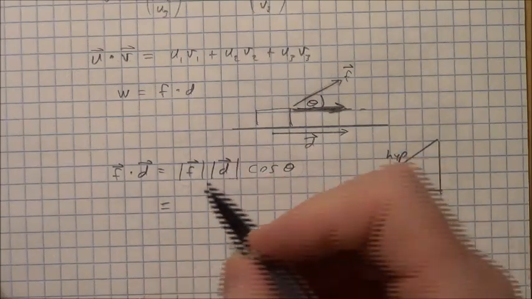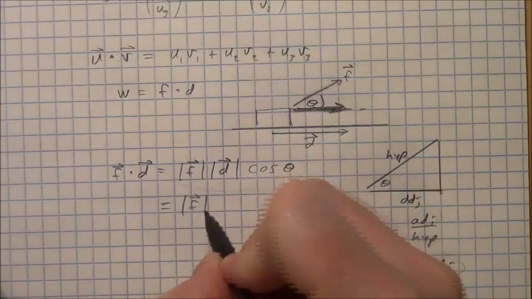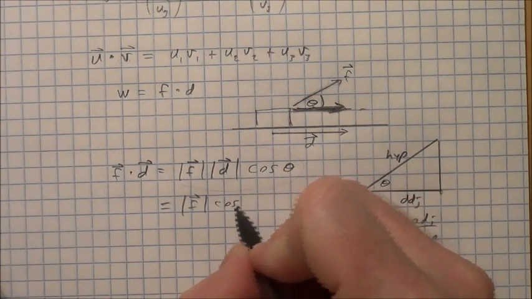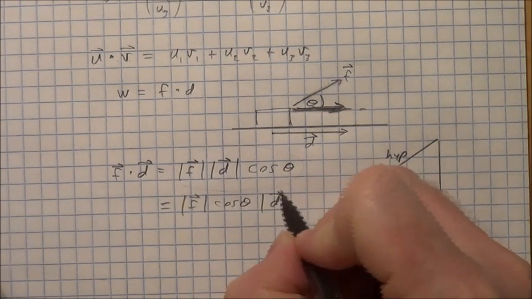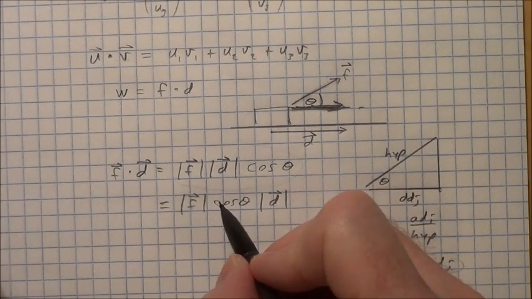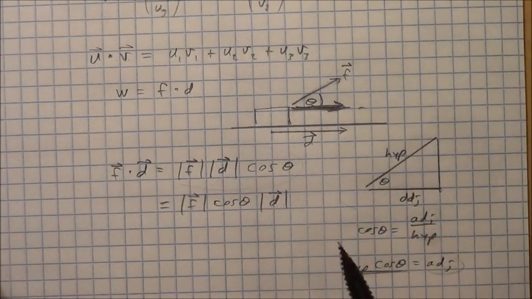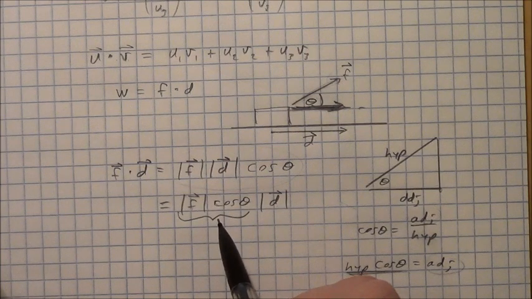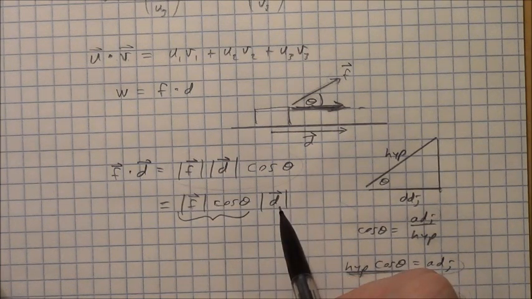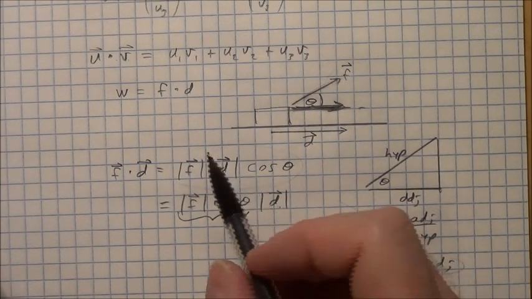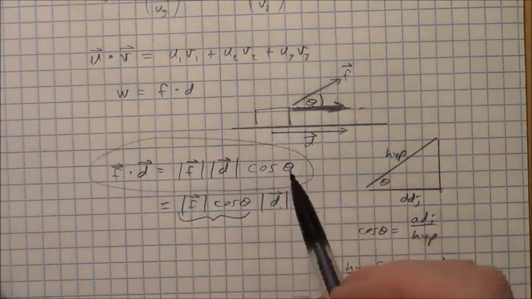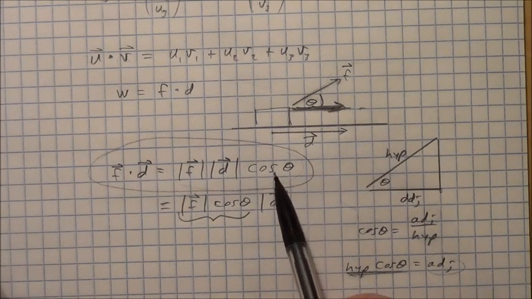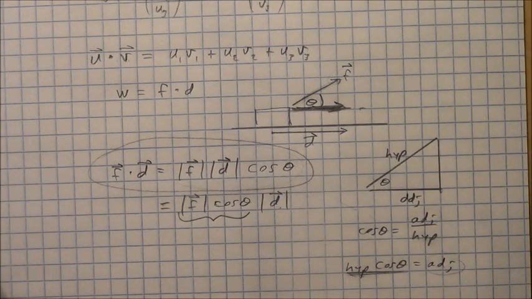So effectively we've got the magnitude of the force, times cosine theta, multiplied by the distance traveled, magnitude of the vector d. So this is the amount of force in the direction of movement multiplied by the actual distance. But we use this form of it, we just leave the cosine theta off to the end of that expression.